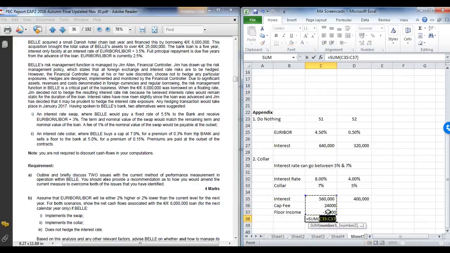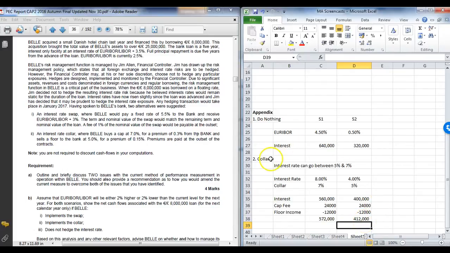So adding those up, we're at 572,000 for scenario 1. And remember, the fee will be the same regardless of which scenario, because it doesn't change depending on interest rates. It's a flat 0.3% or a flat 0.15%. So the total cash flows associated with scenario 2 then will be 412,000.